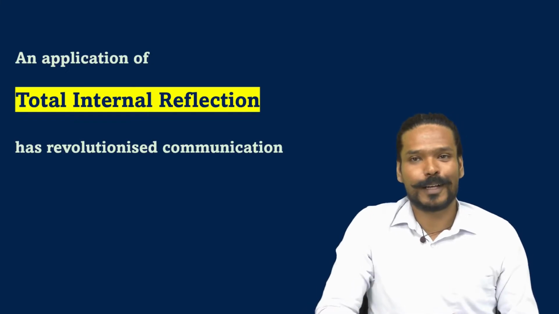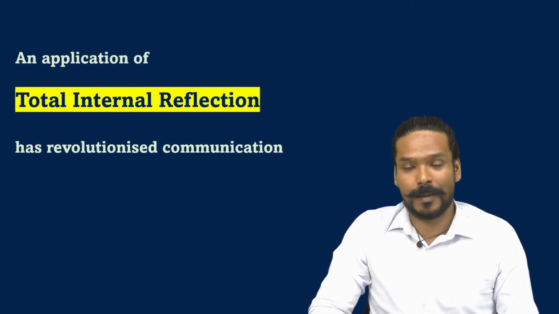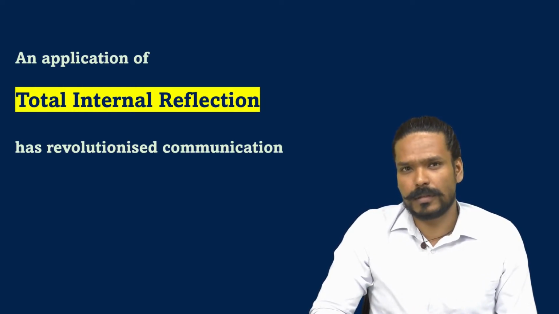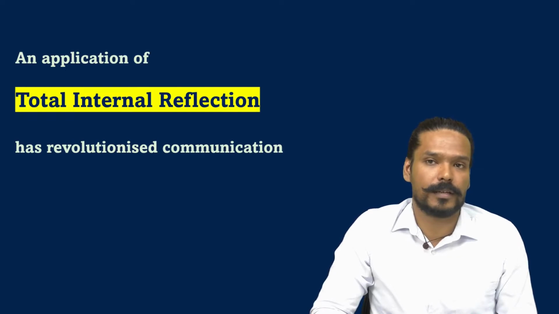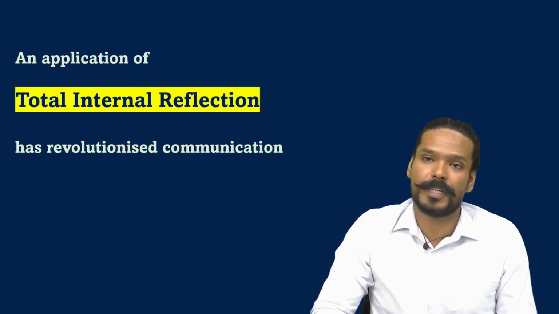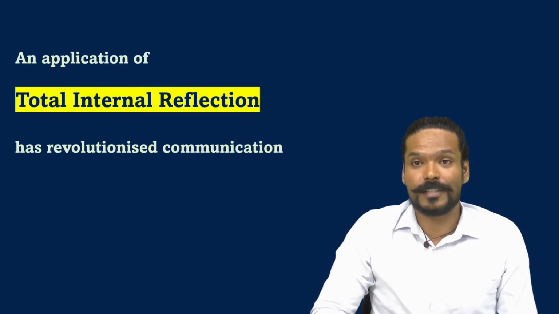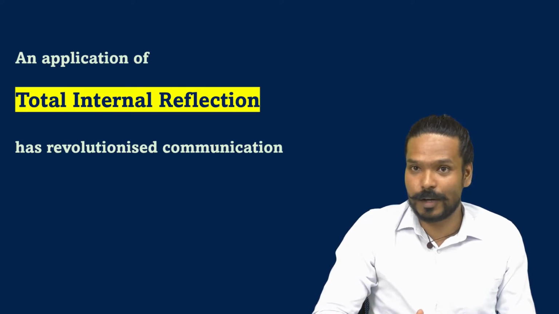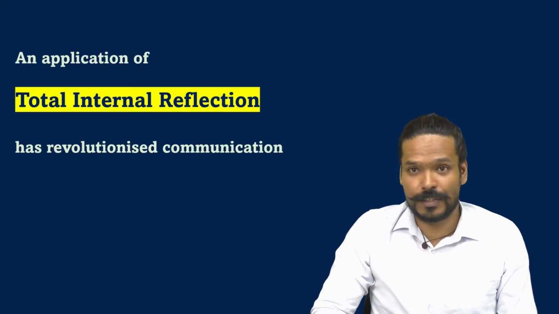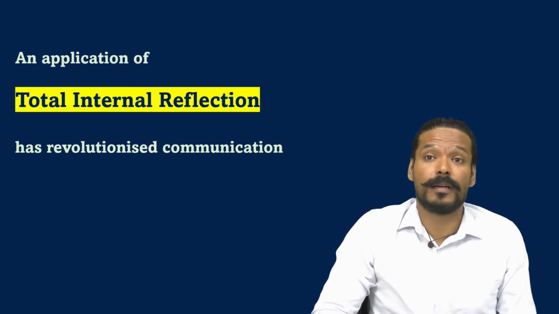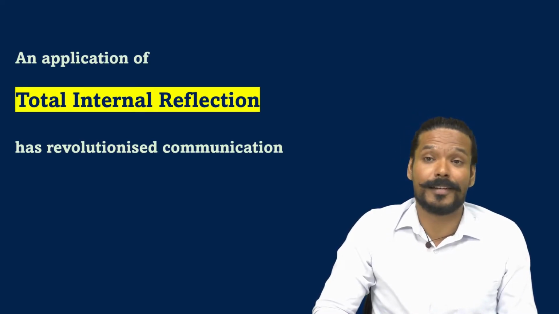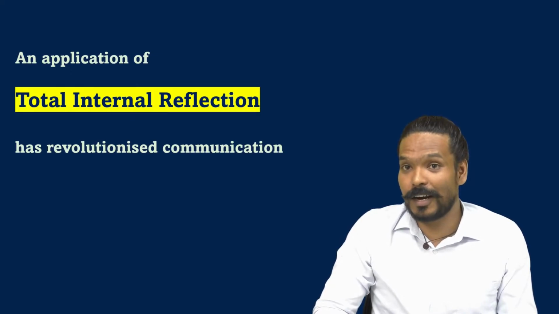Now let's look at applications of total internal reflection. One of the most important applications of total internal reflection is optical fibers, which have revolutionized our communication system. Compared to the traditional way of transmitting data using copper cables, optical fibers are way more efficient and they can transmit a large amount of data in a blink of an eye, and practically there is no loss of energy at all.